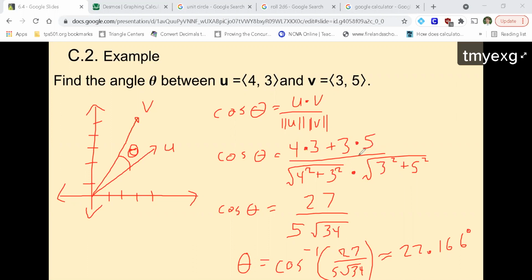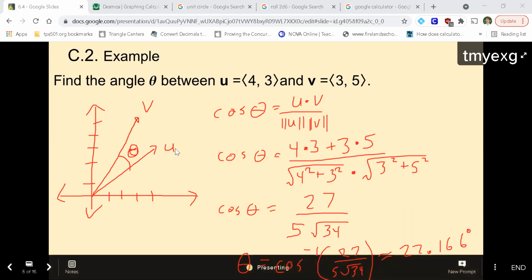You don't actually need to simplify it first and then take the arc cosine. Yay? See? Even that's not too bad. I feel like that's okay.